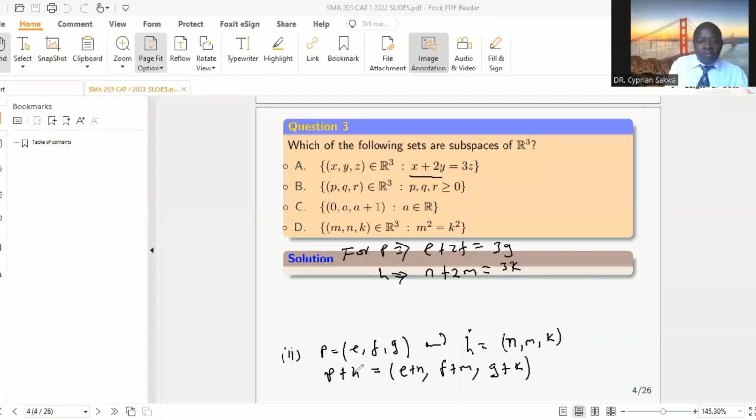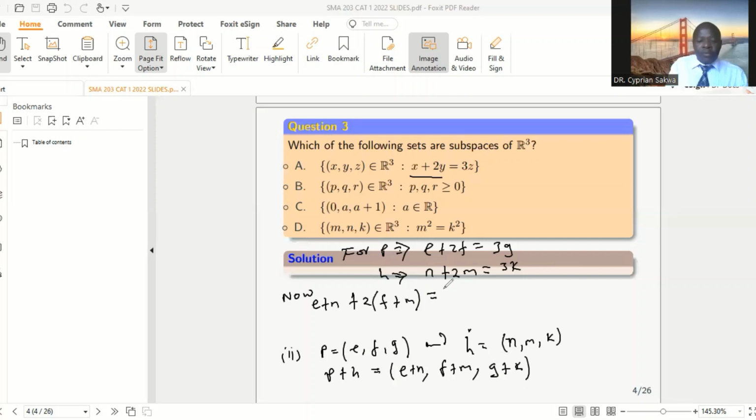P plus H we've already shown is this. So what is the second element? The first element is E plus N, and then plus 2 multiplied by the second element, which is F plus M. What does this give you? We want to see whether it will give us 3 times the third element.